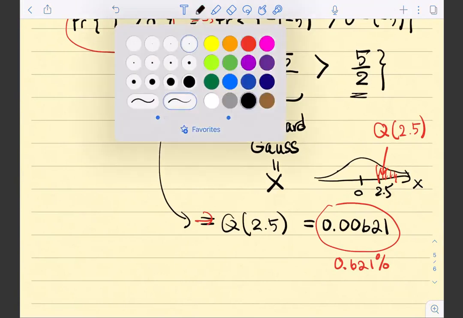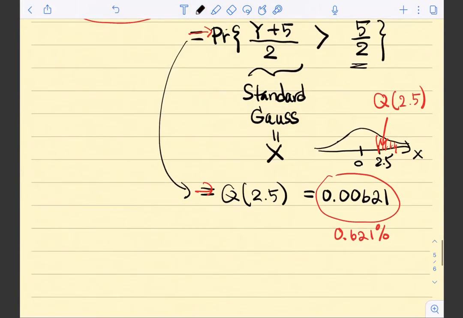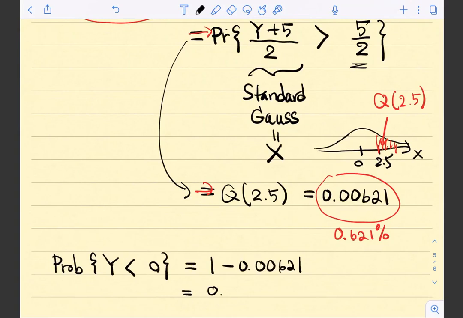Now the other question, the related question: the probability that Y is negative. Well, it's the flip side. That means it's 1 minus 0.00621, which is 0.99379, or 99.379%.